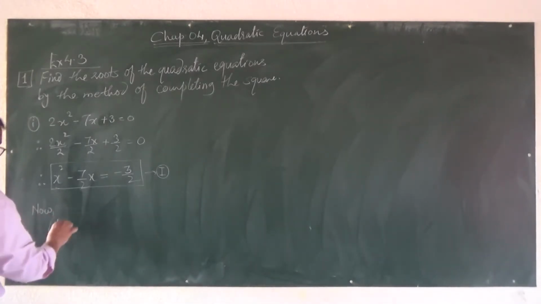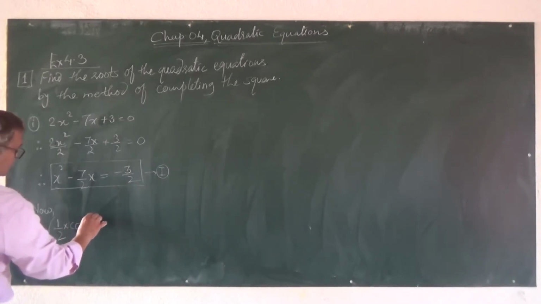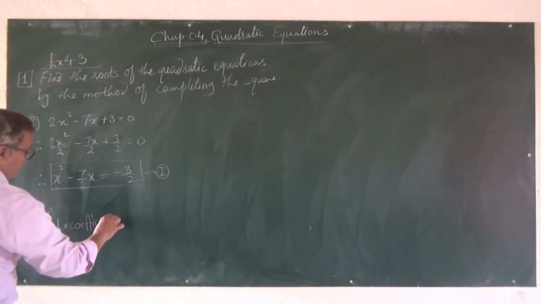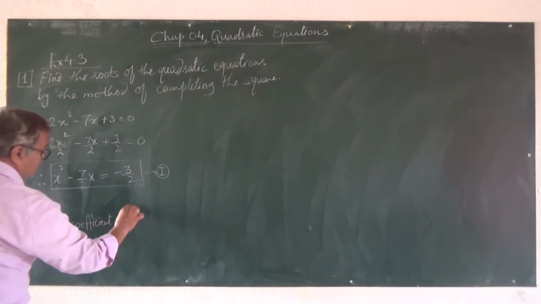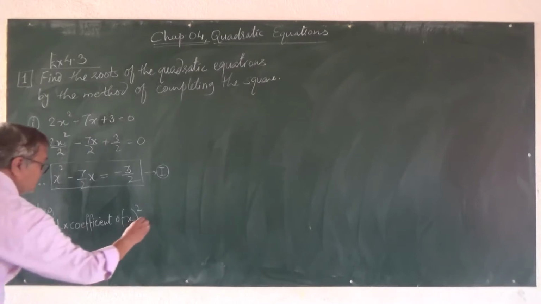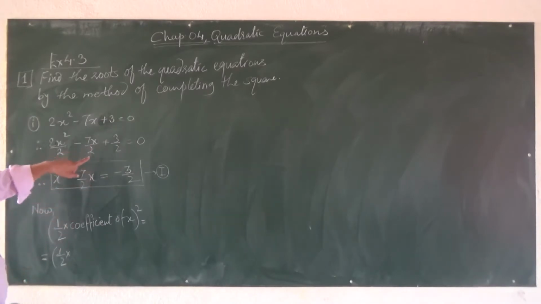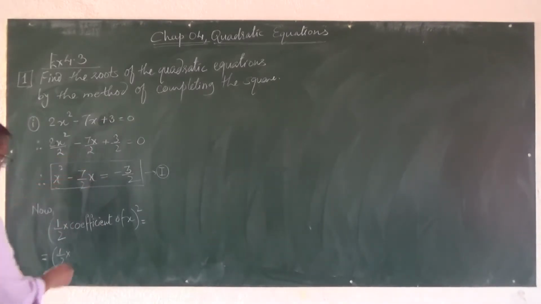Now take half into the coefficient of x and its square. So what is that? Half of the coefficient of x. What is the coefficient of x? Coefficient of x is minus 7 by 2.